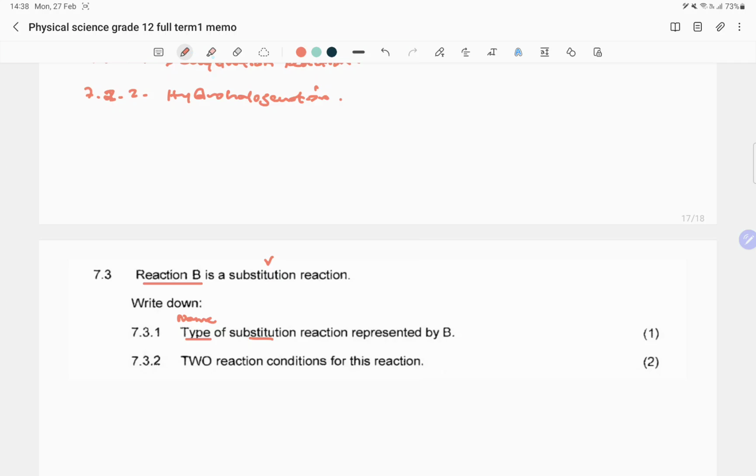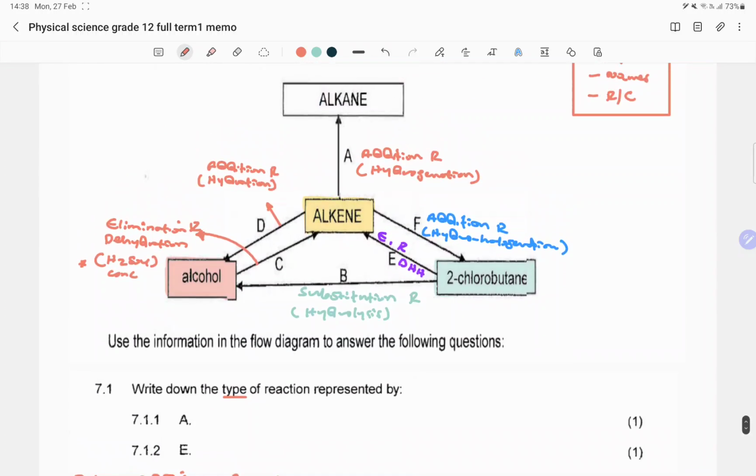So that word type is incorrect, but we replace it with write down the name of the substitution reaction represented by B. So 7.3.1, this is hydrolysis, because we are forming an alcohol from a haloalkane.